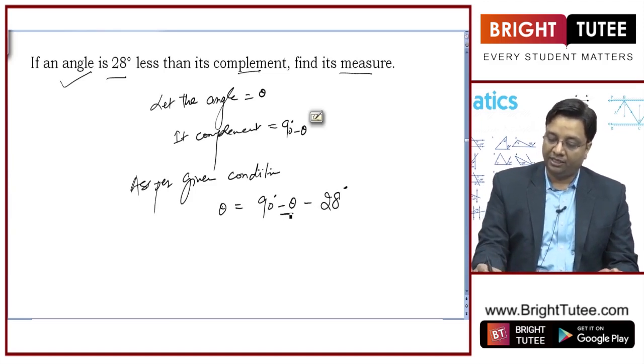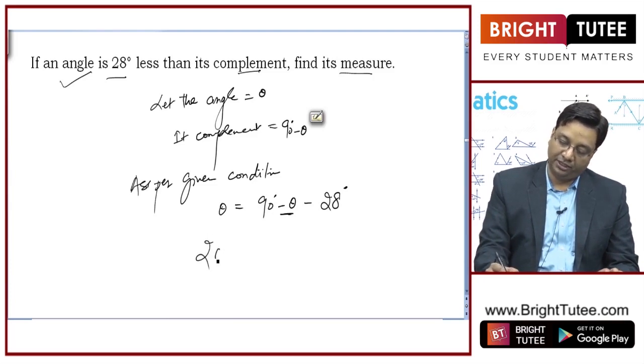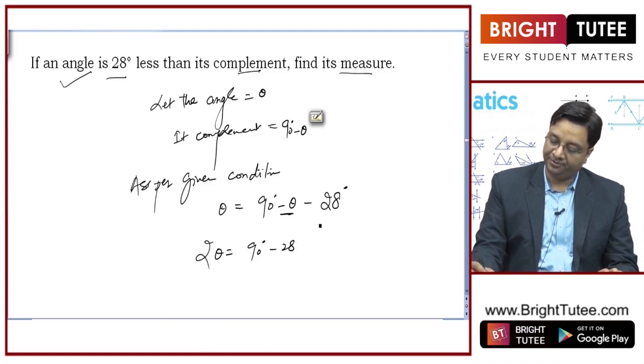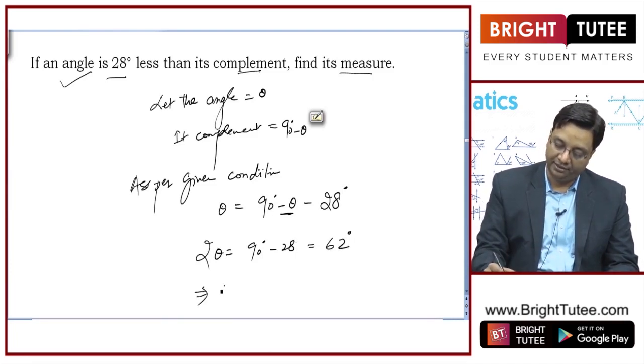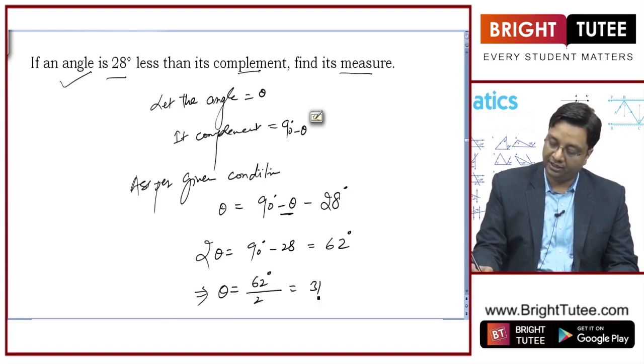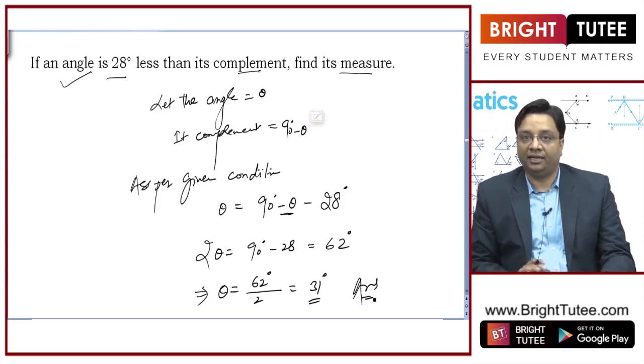Okay, now I can bring this theta here, so it will become 2 theta equal to 90 minus 28, that is 62 degrees. Hence theta is equal to 62 divided by 2, that is 31 degrees. Okay, so this is the angle here.